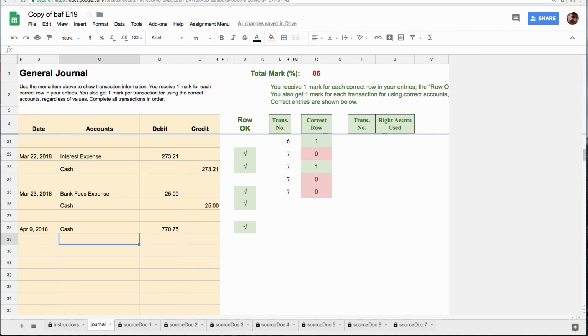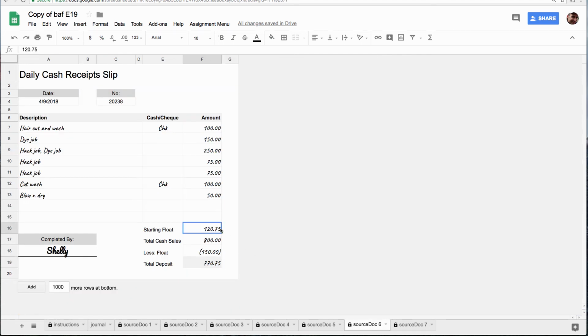Now, our revenue, which is service revenue, is not going to be $800. And we're going to have HST payable to figure out as well, because that's the law. And our float changed. So if you keep track of all your money, then you should have an account for petty cash or a float. Our float went up. That's easy too. We had $120.75 and it went up to $150. So it went up almost $30.